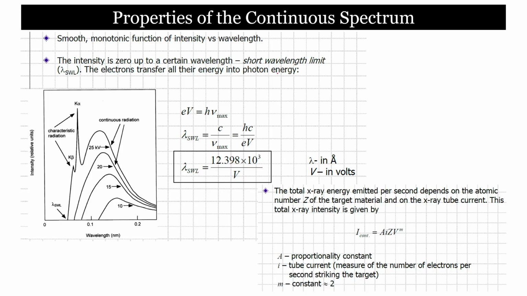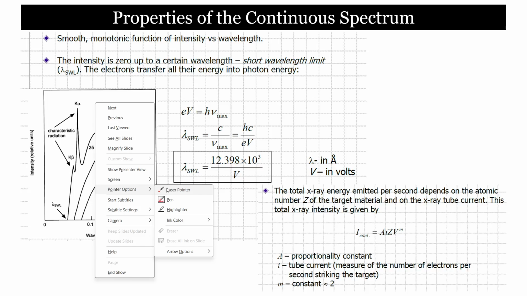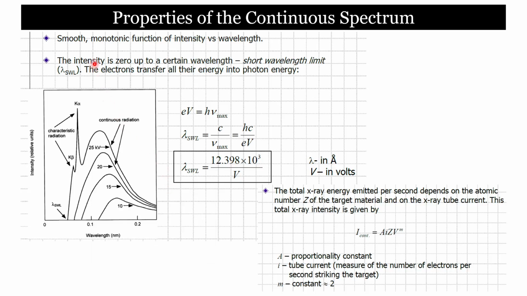There are some properties of this continuous spectrum: it has a very smooth curve of intensity versus wavelength, and the intensity is 0 up to a certain wavelength, which I discussed previously. That point is known as the short wavelength limit, given by lambda SWL, and the electrons transfer all their energy into the photon energy itself at that point.